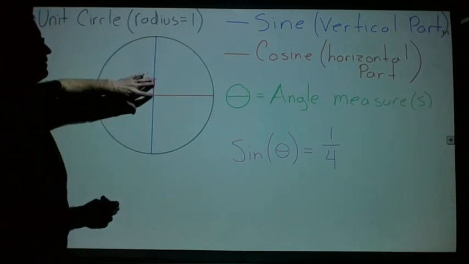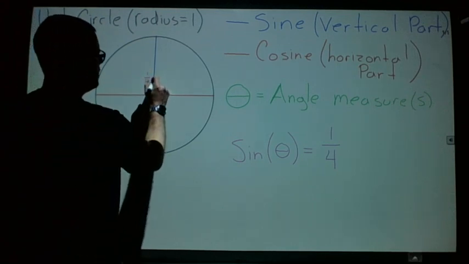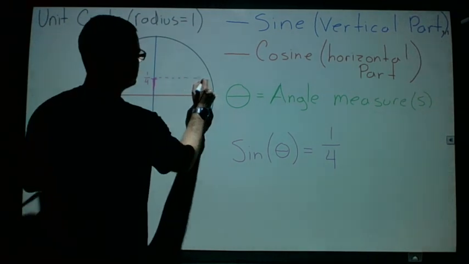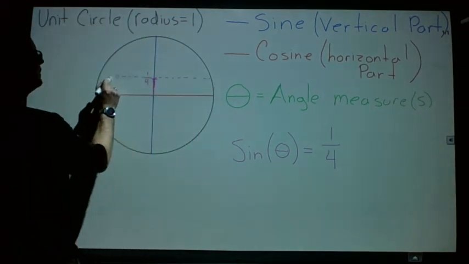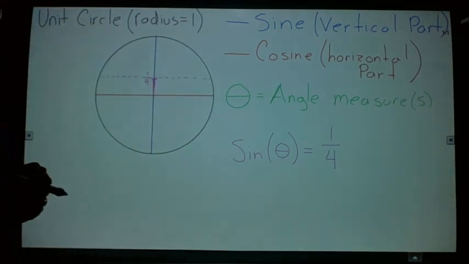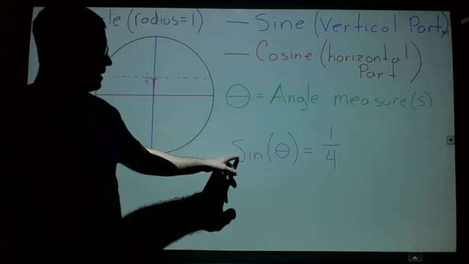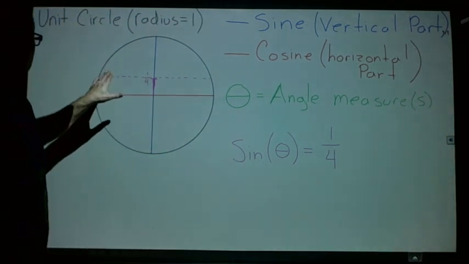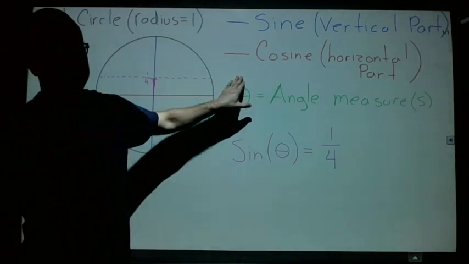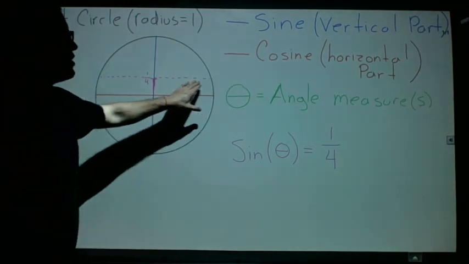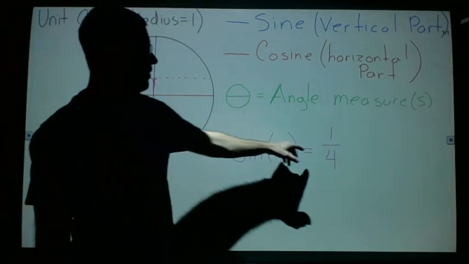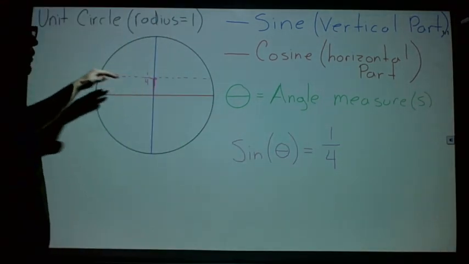So imagine, well, there's 1/4 of the vertical axis, and then I kind of draw dotted lines perpendicular to that. So if it's sine, I'm going to draw a horizontal line across my unit circle at this value. Sine is 1/4, horizontal line.